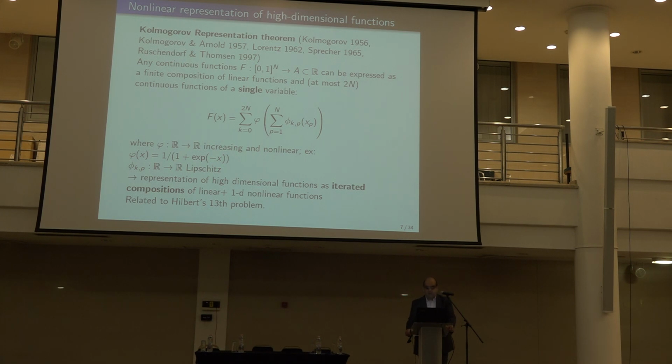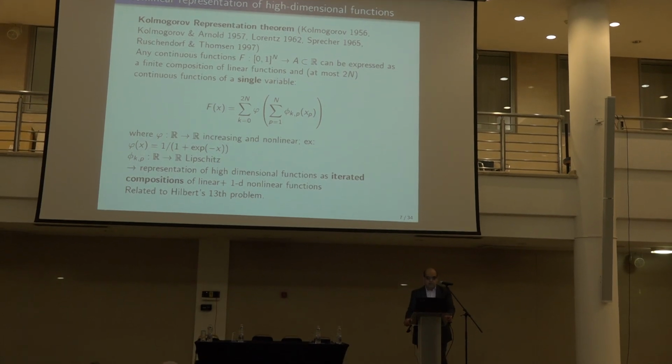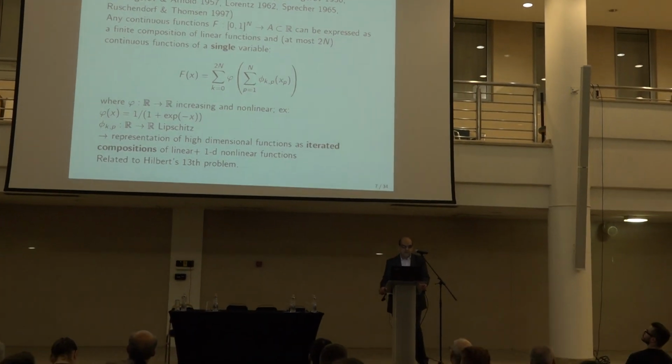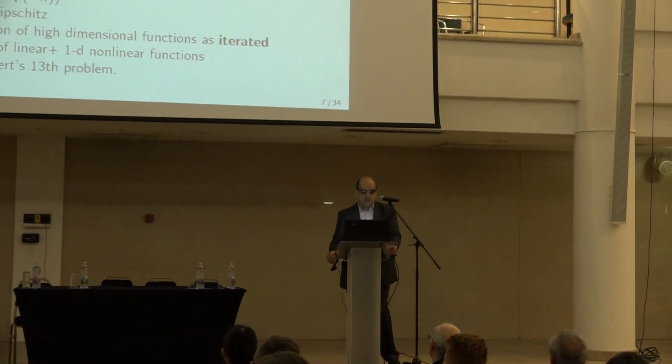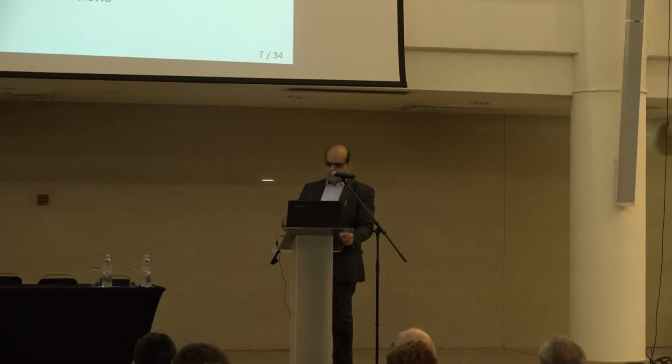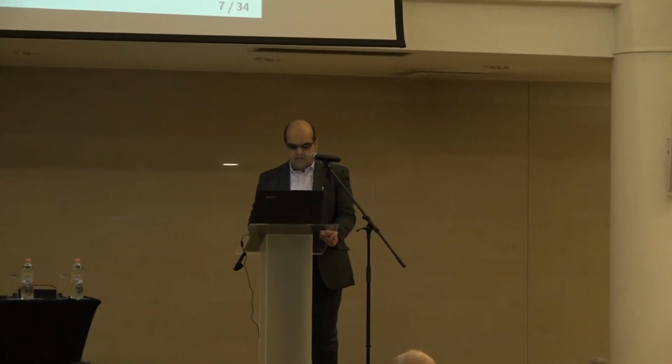There are many ways to formulate this. This is not the formulation in Kolmogorov, because it was a bit less rigid. But basically, you fix some nonlinear increasing function phi. The function we will use in the examples is 1 over 1 plus exponential minus x, something which goes from 0 to 1.